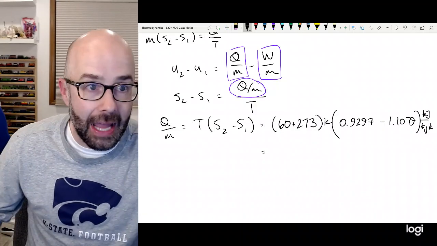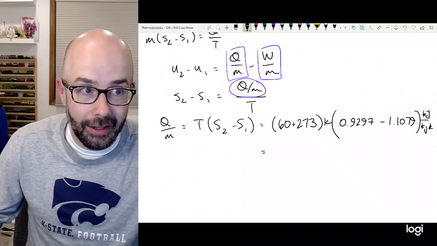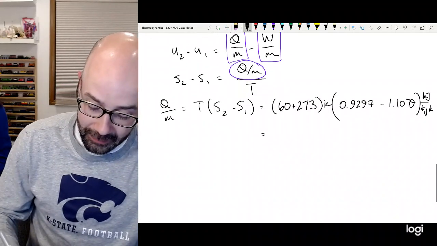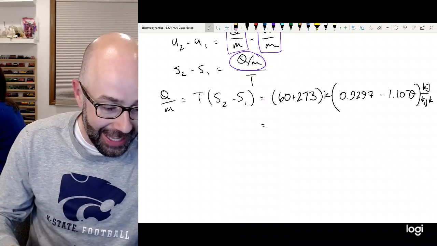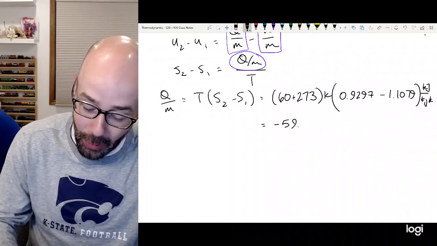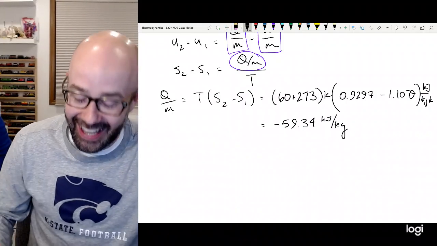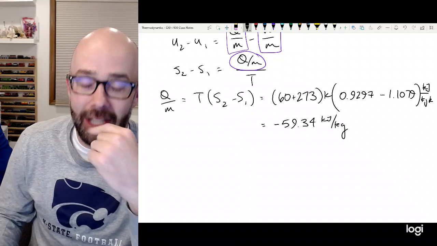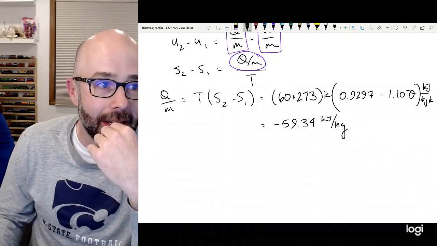And what is the answer that we get from that calculation? Is the answer 12? No, Jake, the answer is not 12. The answer happens to be minus 59.34 kilojoules per kilogram. But it was a great attempt. I appreciate you speaking up and giving your answer there.